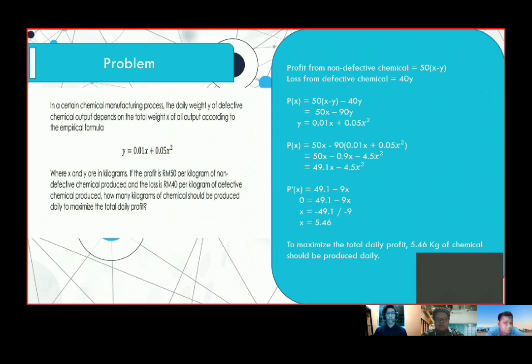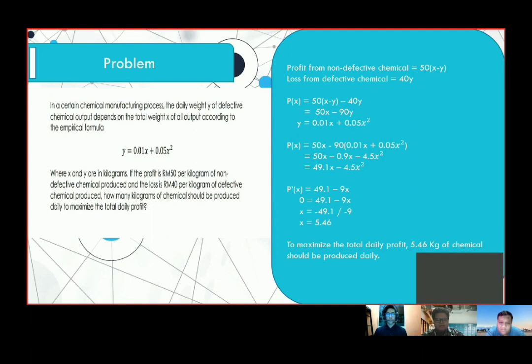We can find that Y is equal to 0.01x plus 0.05x squared. So P(x) is 50x minus 90 multiplied by (0.01x plus 0.05x squared). You can find that it is 50x minus 0.9x minus 4.5x squared. The answer is 49.1x minus 4.5x squared.